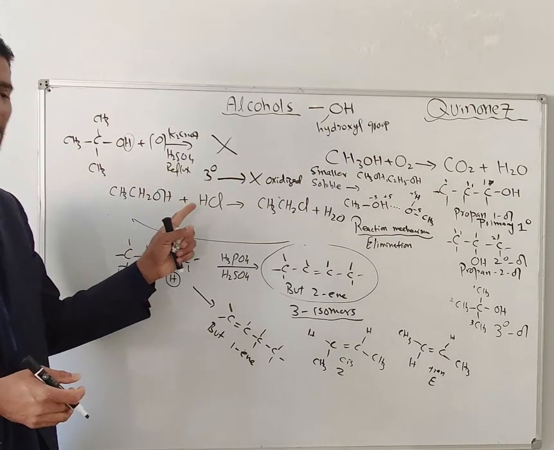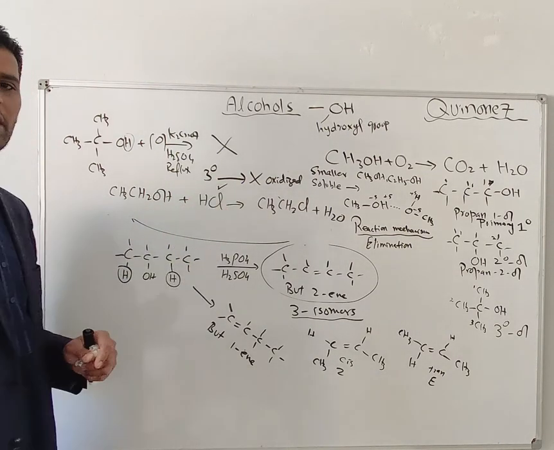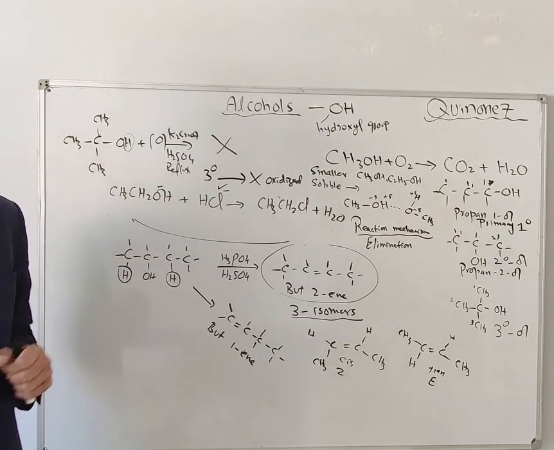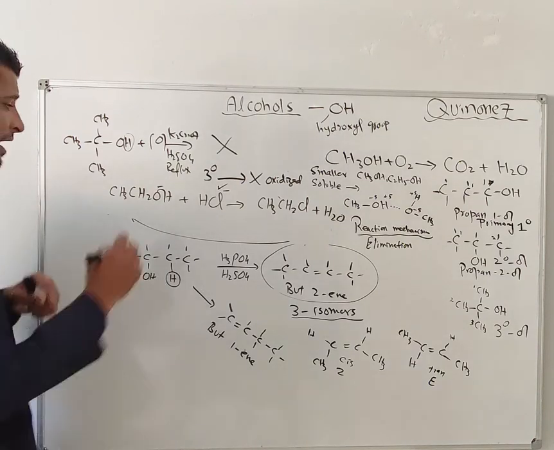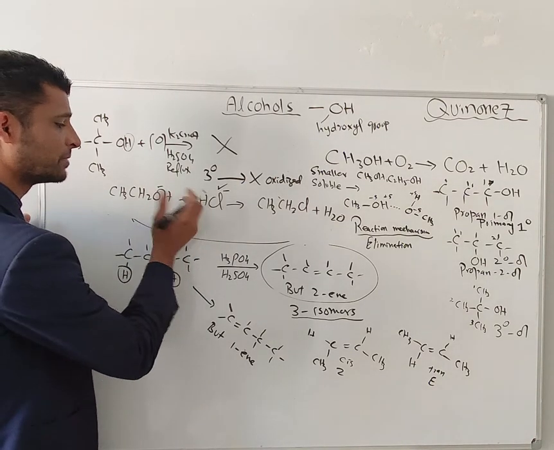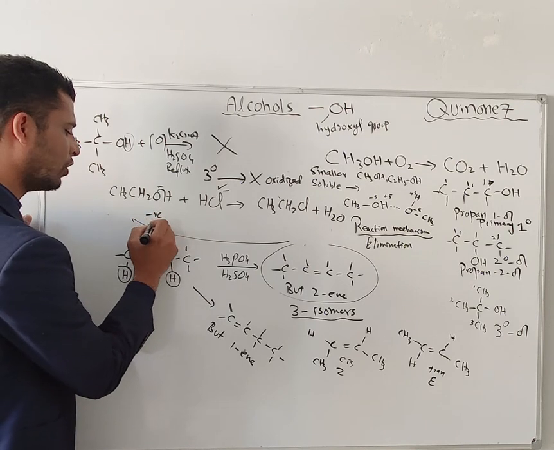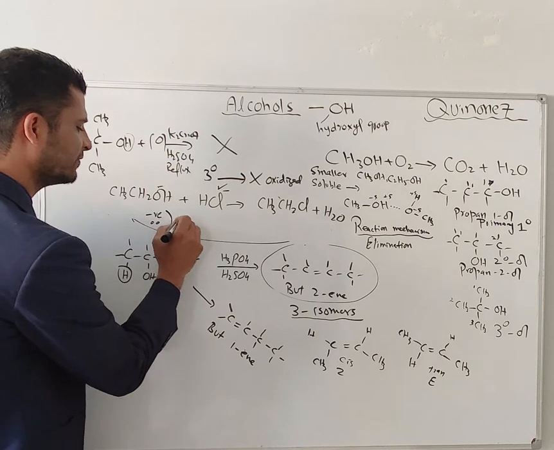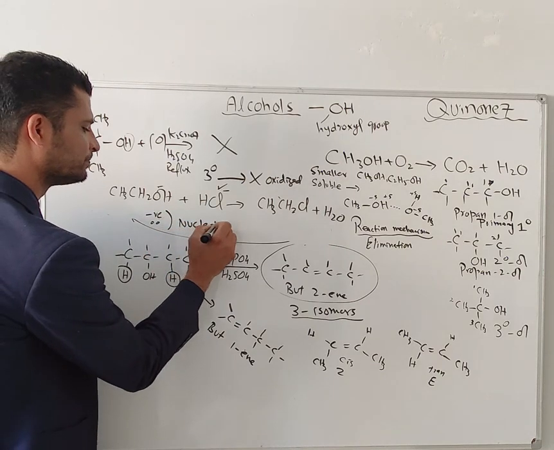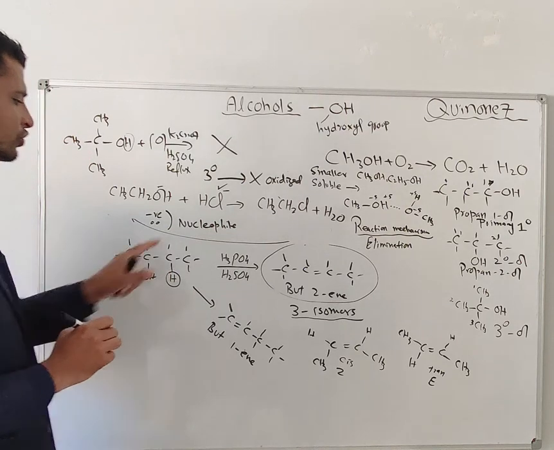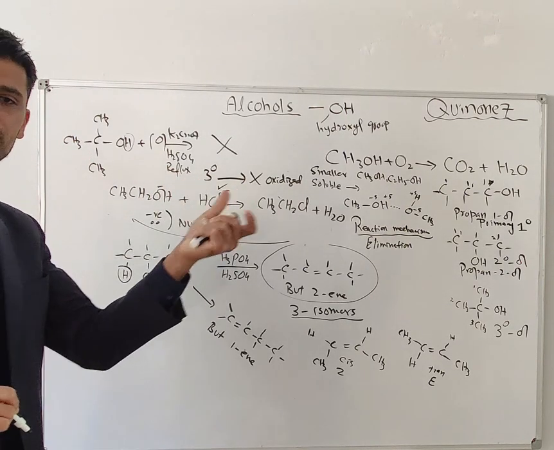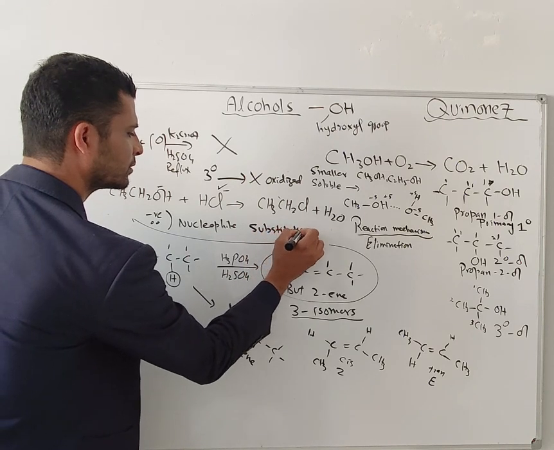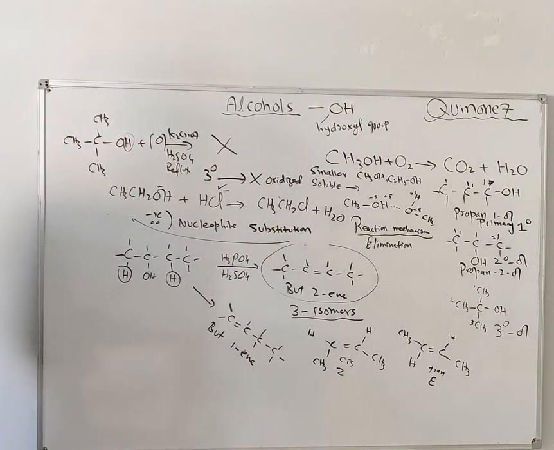What I'm trying to say is the hydrochloric acid will give you chloride ion. Chloride ion is a negatively charged particle. OH is also a negatively charged particle. So both of them will exchange places. Anything negative, or anything which has a lone pair of electrons on it, we call a nucleophile. So the nucleophiles swap places. So it is called nucleophilic substitution.